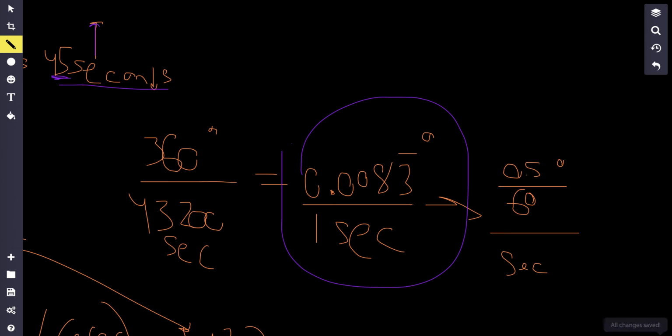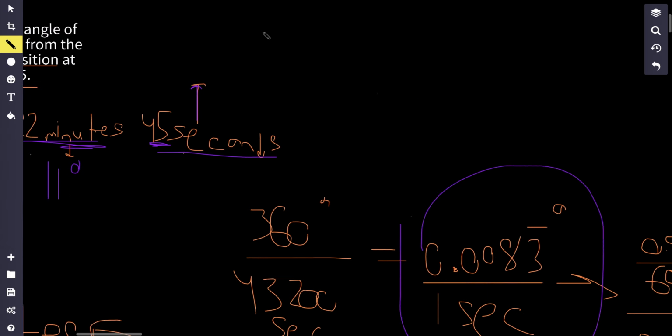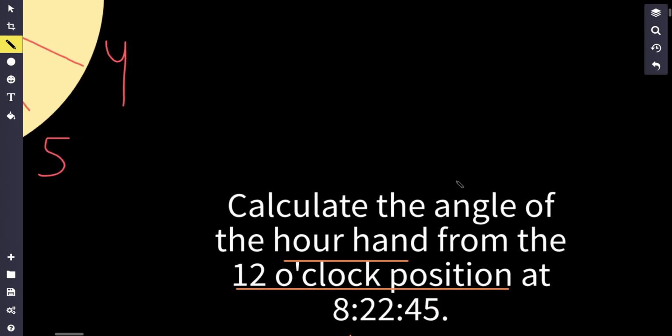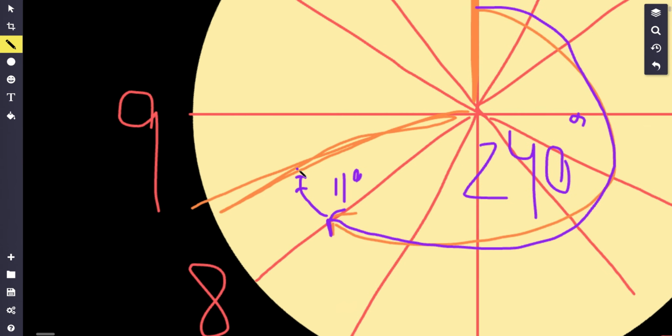Let me put this into my calculator. If I multiply this by 45, I get 0.375 degrees. So the seconds part has an effect of 0.375 degrees on the angle.